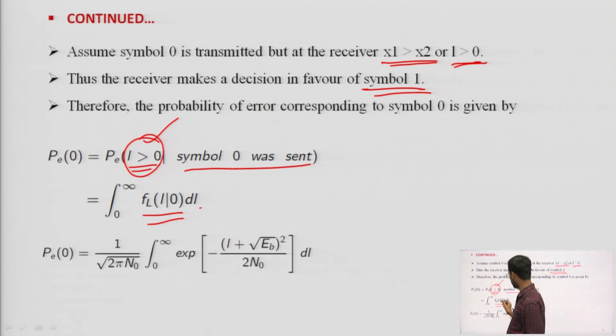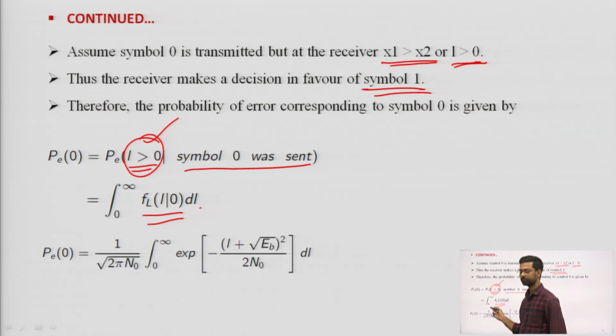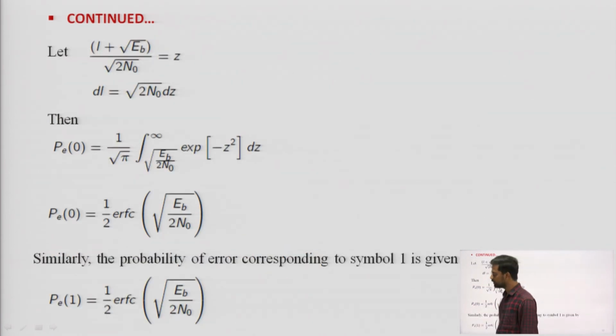I know the PDF f of L given 0. This is 1 by root 2 pi N naught, integrated from 0 to infinity, exponential of this much. Let l plus root EB divided by root 2 N naught equal z.